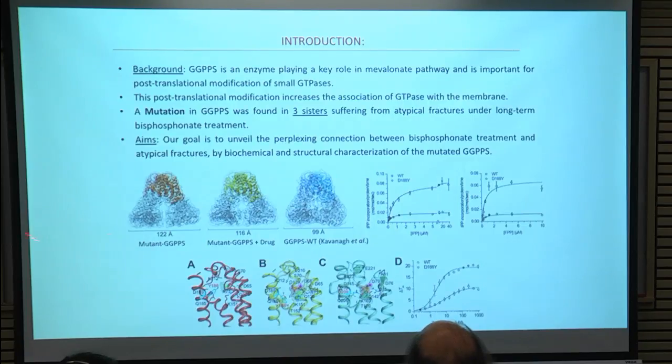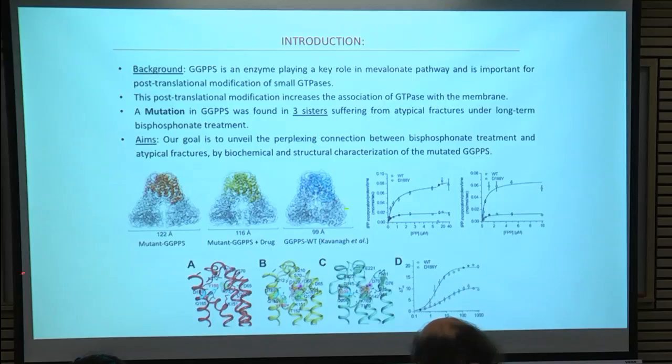This is the apoform, and this is the bisphosphonate-bound form. You can see here the binding site. This is actually a hexamer, and this is the binding site of the apo, and here is the binding site in the bisphosphonate-bound form. You can see that the mutated tyrosine is not participating in the binding of the bisphosphonate.